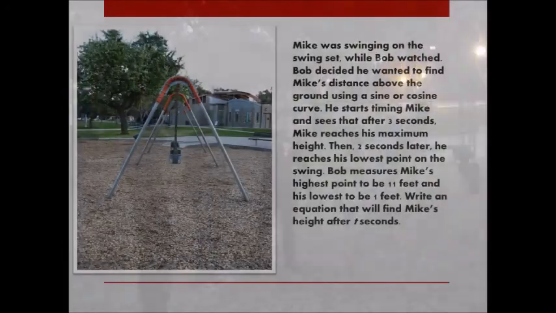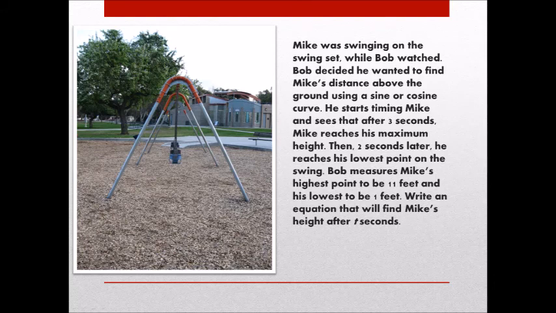Trigonometry. Here's a picture of the swings you just saw. We are now going to do a problem with the real-life situation. Mike was swinging on the swing set while Bob watched. Bob decided he wanted to find Mike's distance above the ground using a sine or cosine curve.